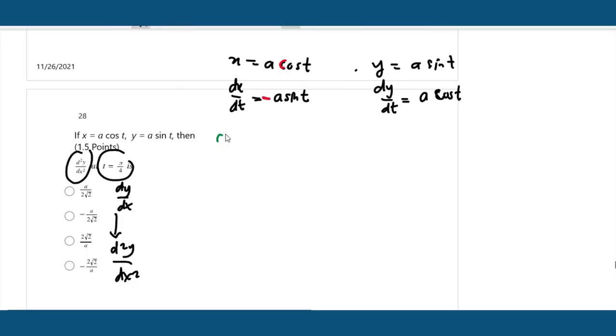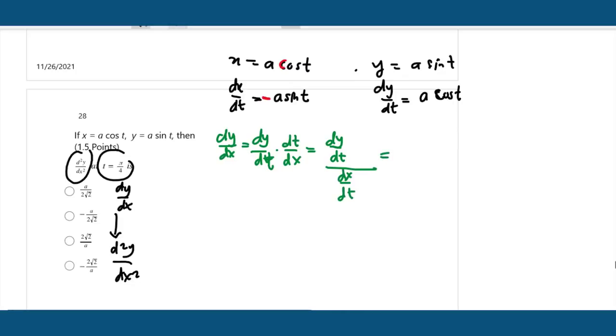Using the chain rule, dy/dx is equal to dy/dt times dt/dx, or dy/dt over dx/dt.